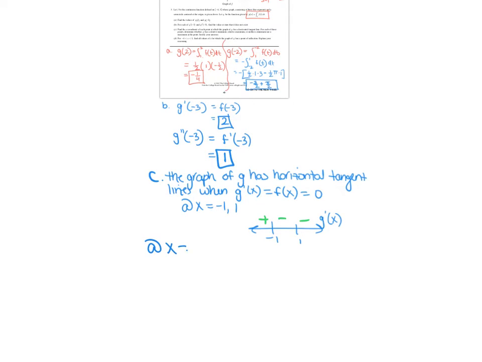It's saying at x equals -1, G has a relative max because G prime changes from positive to negative.